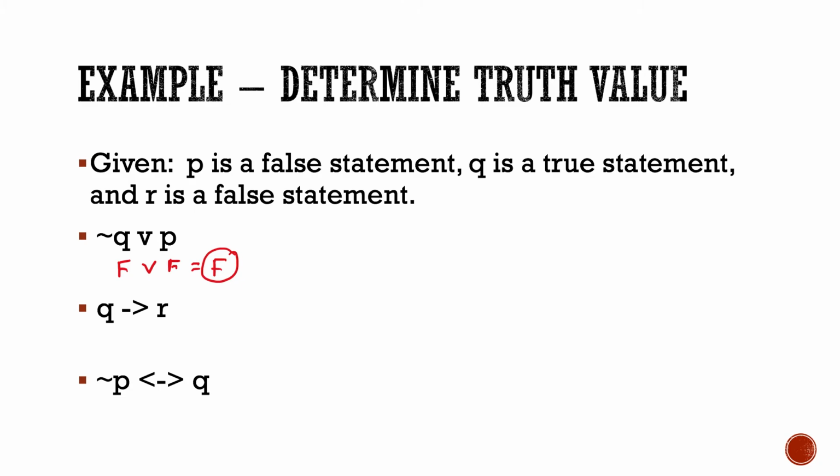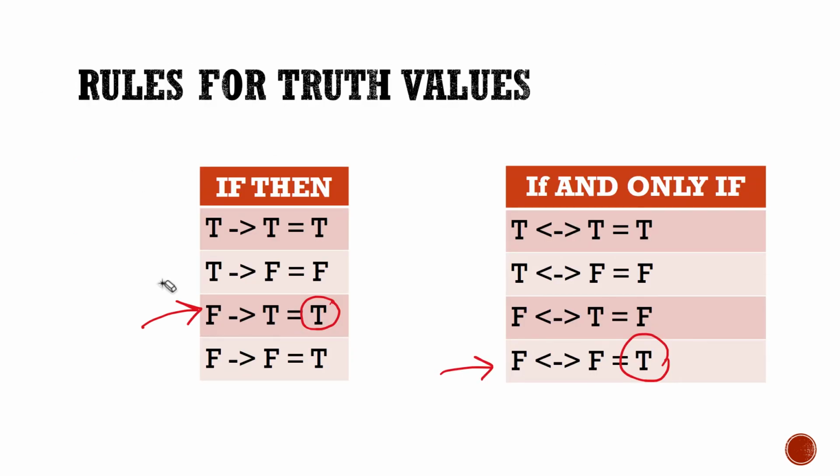The next one we have Q, which is true. We have the arrow, and then we have R. R is false. So this is an if-then statement, starting with T, ending with F. So if-then, starting with T, ending with F, would be here. And that's a false statement.